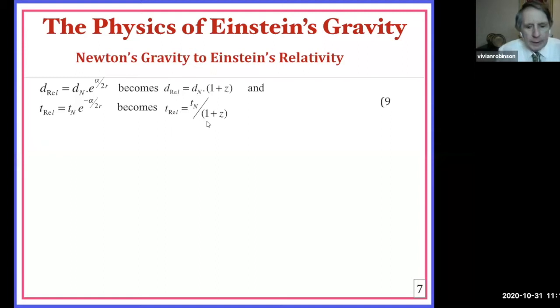That is what Einstein's mass distorting space-time means. Distances and times, as determined under Newtonian mechanics, are multiplied by or divided by 1 plus z respectively to get the relativistic distances and times. It is those relativistic distances and times that are the actual distances and times.